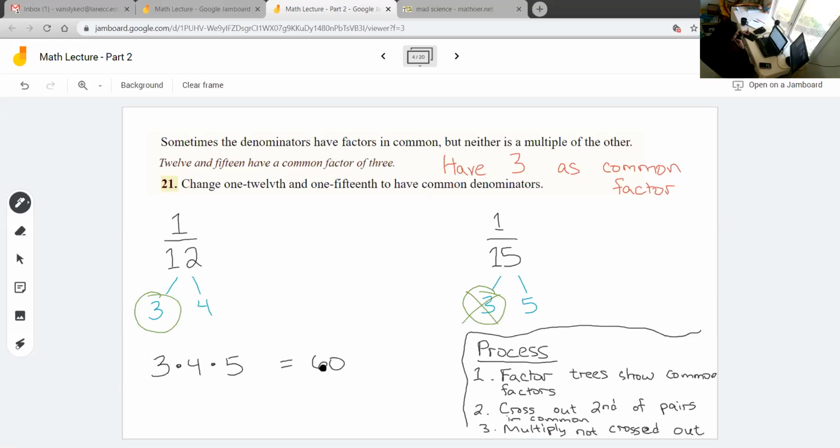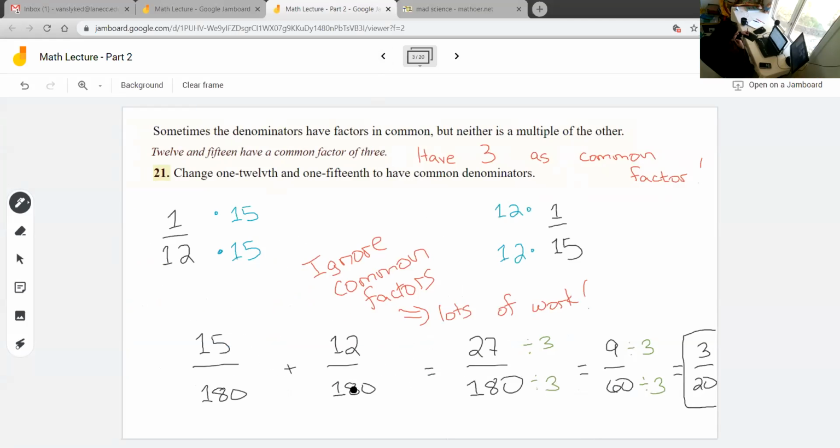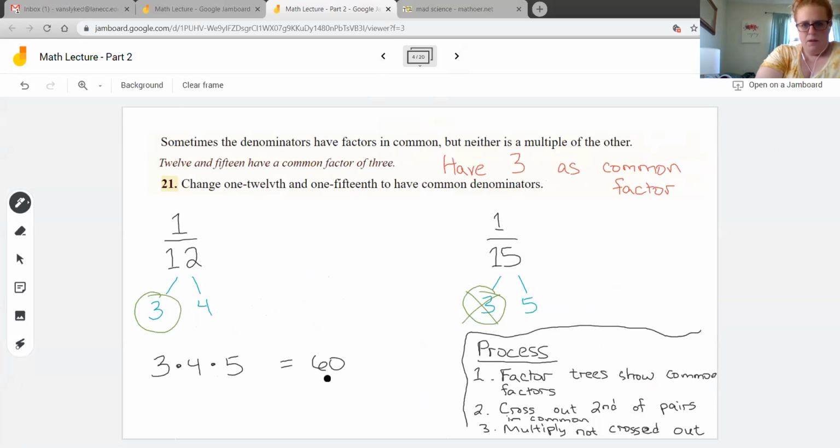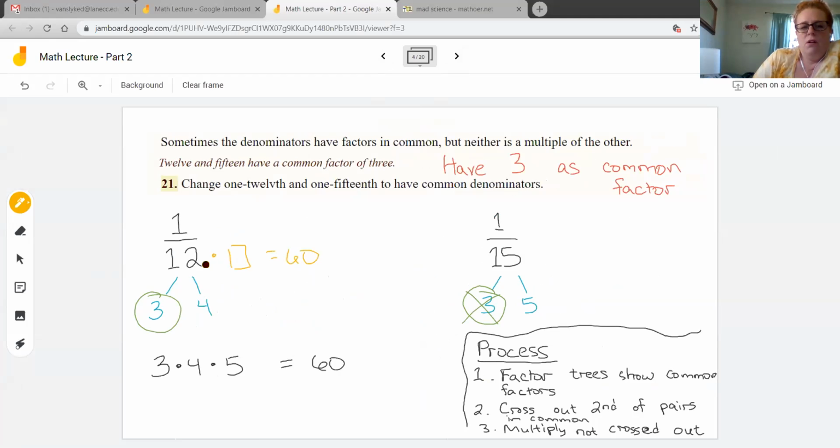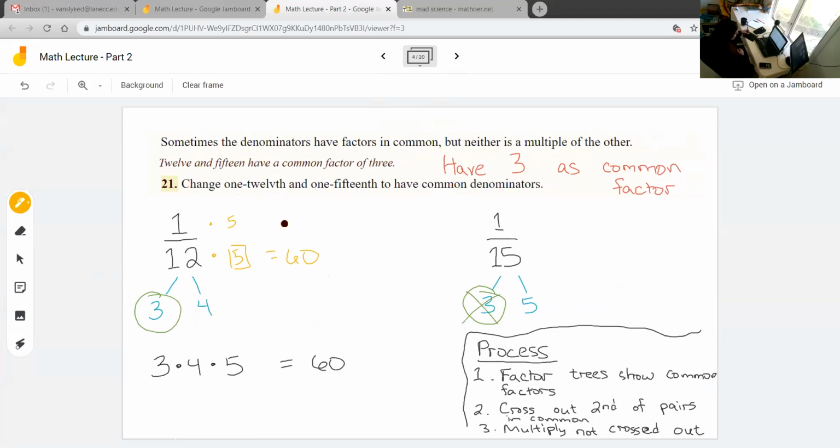No, this 60 is our goal. Right. And 180 was too big. Right. 60 will work. So we're just pulling out the factors. And what we're saying is that 12 times something is 60. So what's it going to be? 5. And if I do a times 5 on the bottom, I have to do it on top.